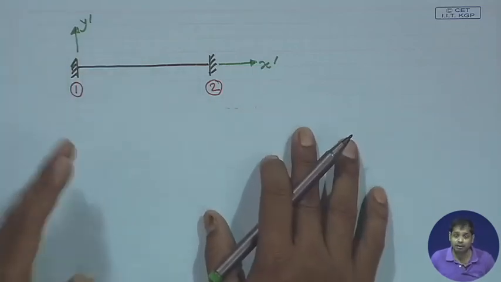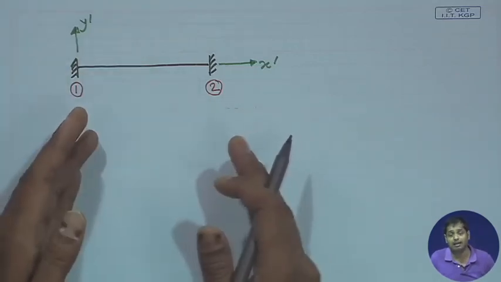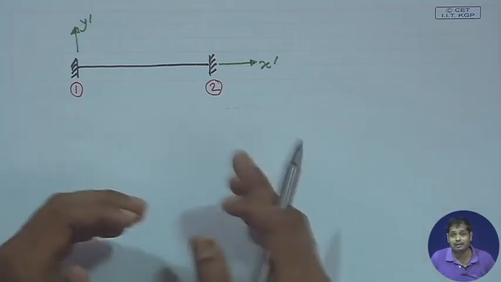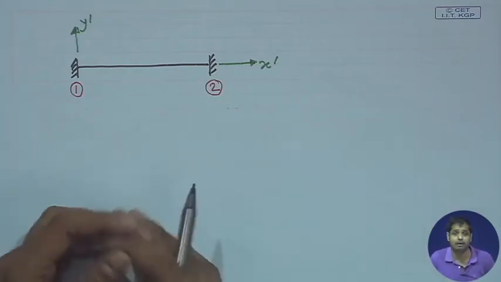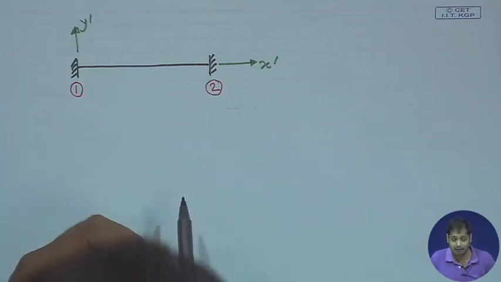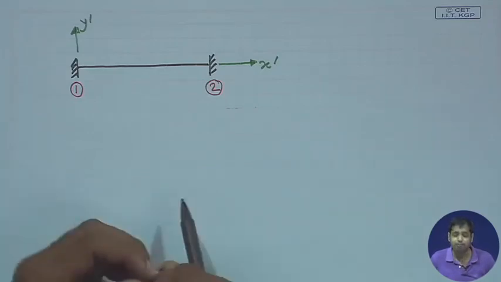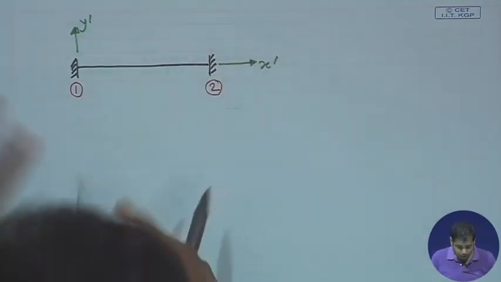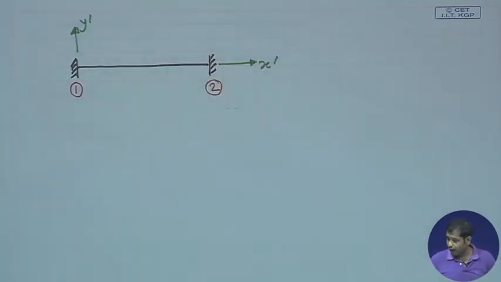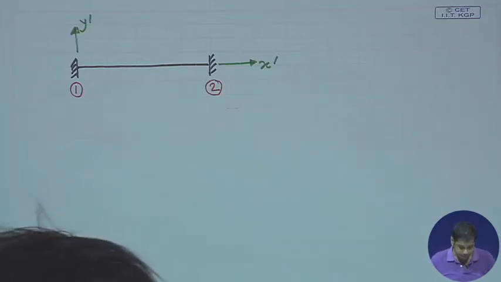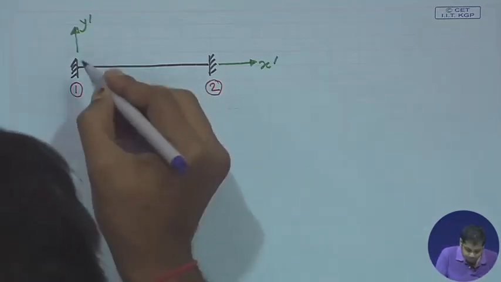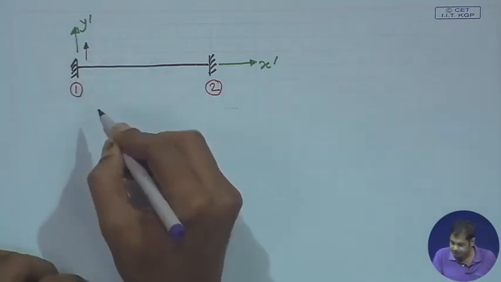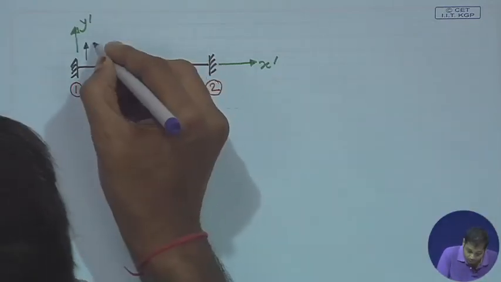Then, knowing the form of the stiffness matrix when axial deformation is allowed, which we have already learned in the truss problem, we can combine them to get the matrix when all degrees of freedom are present. So the degrees of freedom here are this, which is say degree of freedom 1.